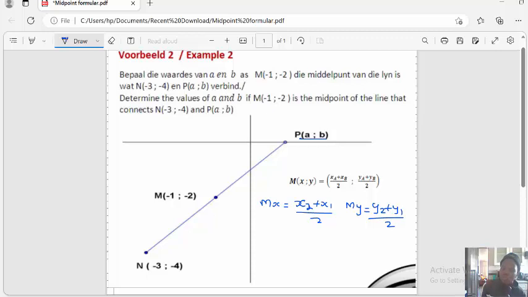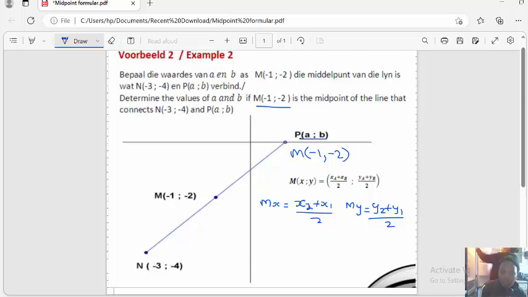All that remains to do is for me to substitute into the formula the given points. So let's just underline the given points. You have your m here, so the points for m are -1 and -2.